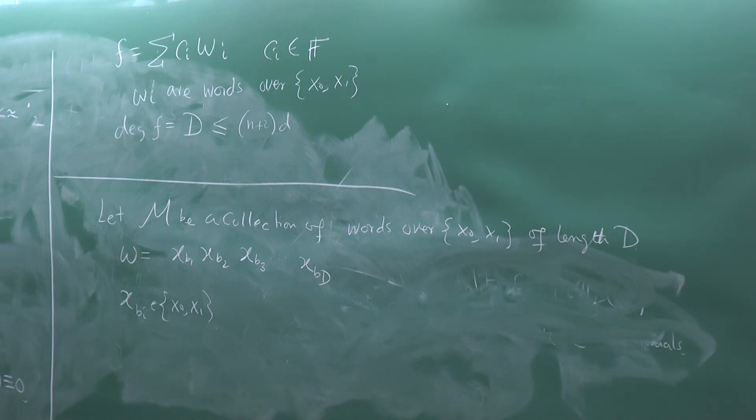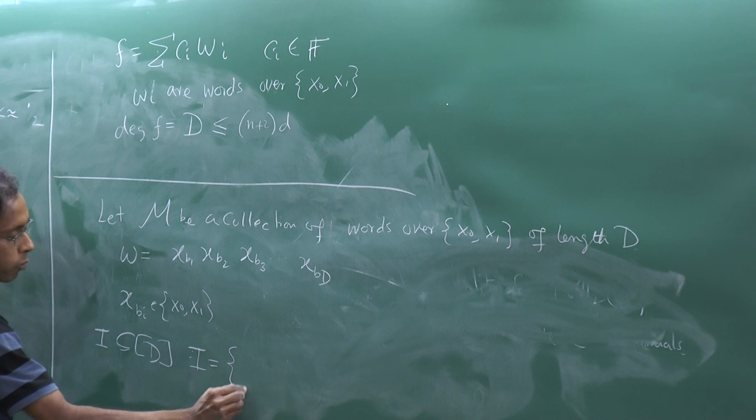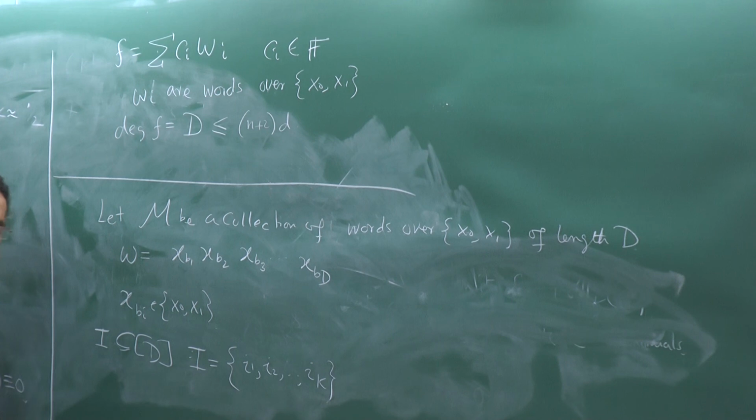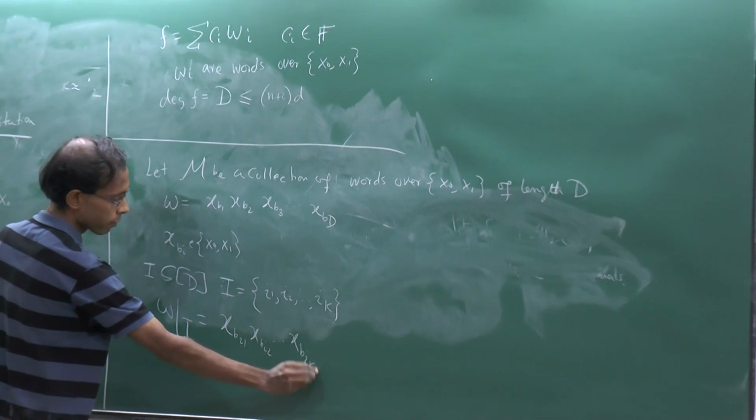Their length is d. Now if you take a subset I of these indexes 1 to d, you can define, let I equal to, let's say, i1, i2, up to ik. These are just some positions between 1 to d. You can define the projection of the word w restricted to I very naturally. You just pick up those locations indexed by the set I. So it is simply x_{b_{i1}}, x_{b_{i2}}, and so on. Very simple.